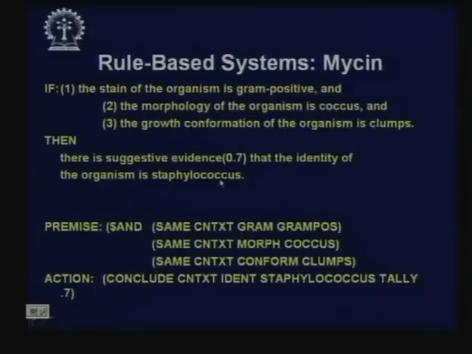particular organism. Now, this rule in MYCIN can be translated in a Lisp syntax like structure, where the premise of the rule is a conjunction of, in the same context, that is the organism: stain of the organism is gram positive, morphology is coccus and conformation is clumps, then action is conclude context that conclude, that is Staphylococcus with a tally 0.7.